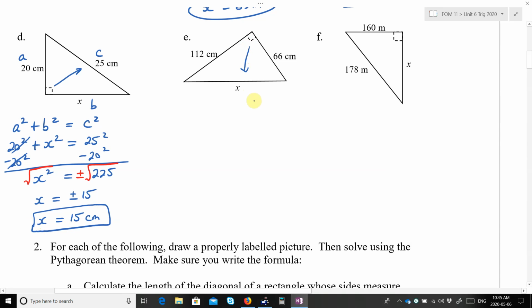In E, that is C, this is A, and this is B. So I'm going to go C squared is equal to A squared plus B squared.